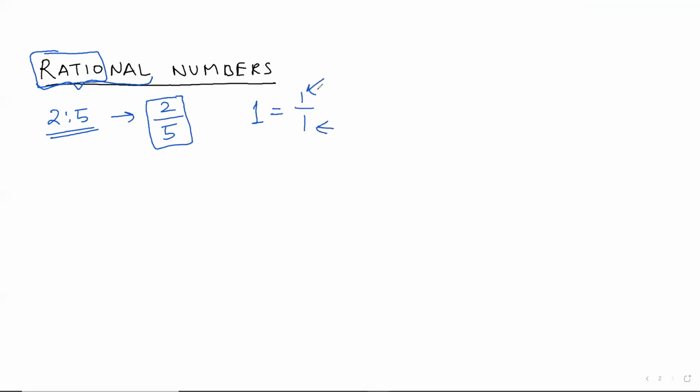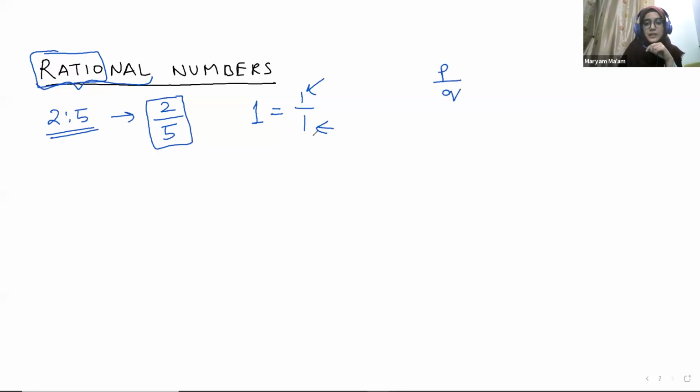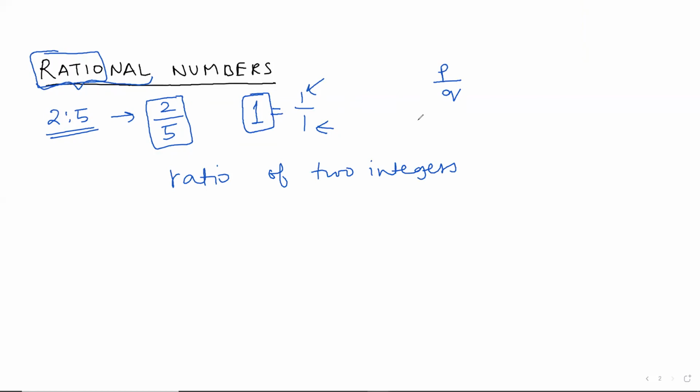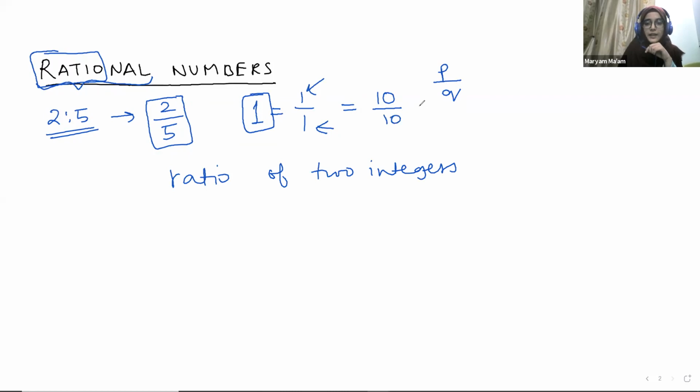So it is written as one integer p upon another integer q, basically as a ratio of two integers. Are there any other ways you can write 1? Ma'am, 2 upon 2, 10 upon 10. Exactly, and so on. You can write it in infinitely many ways. So what can we say about 1? Is 1 a rational number?